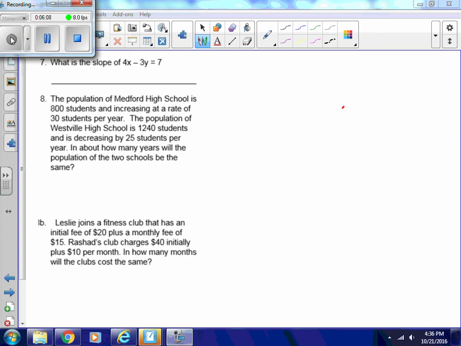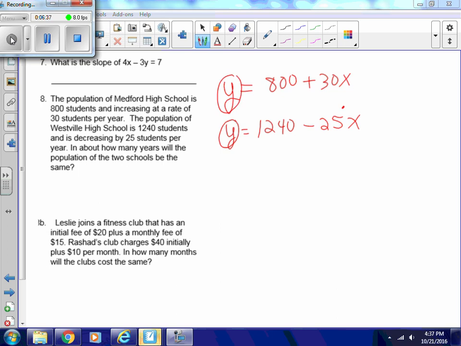Well, the population for Medford High School is currently at 800, but we're adding to that 800 30 students per year. The population for Westville High School starts off at 1,240 students, but they're losing 25 students per year. And we want to find out when the two populations are equal.